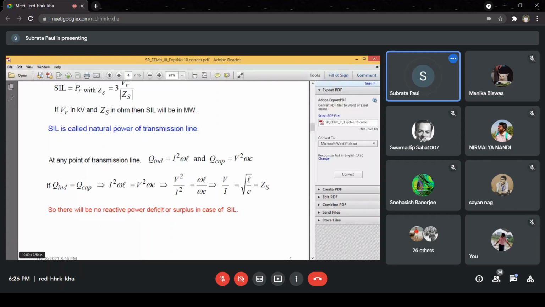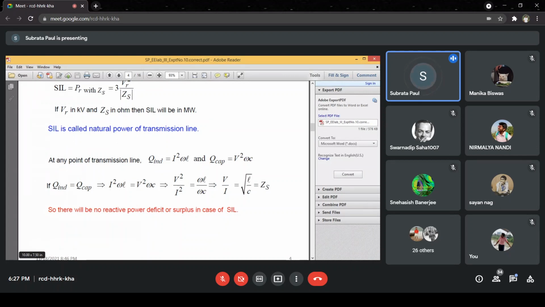Now, between any 2 points on the line, there is no var flow. So there is no voltage magnitude difference between any two points on the line. Right? So what we are getting? We are getting a flat voltage profile along the length of the line.